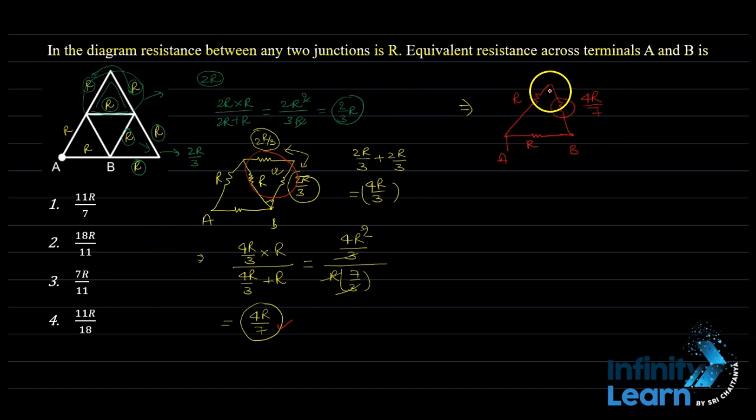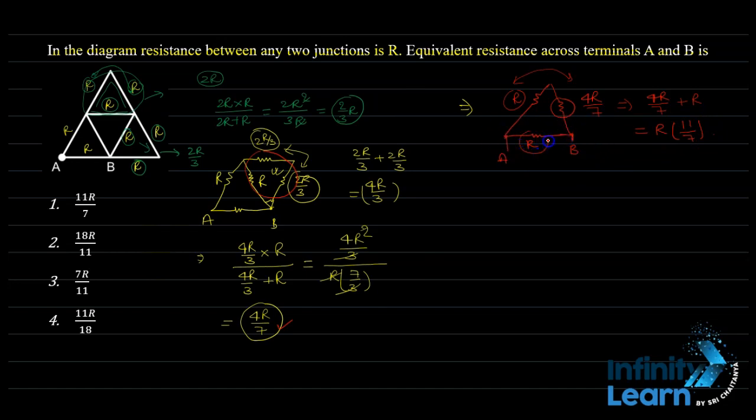Now again 4R by 7 and this R are in series to each other. So the series resistance will be equal to 4R by 7 plus R. So that will give you the value 11R by 7.